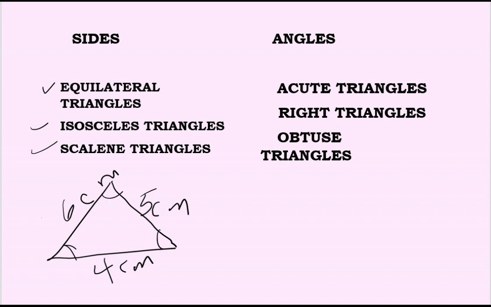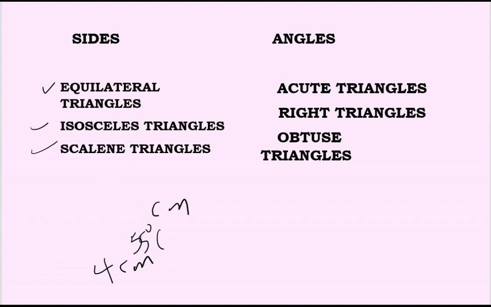If this angle is 50 degrees, and this is 55 degrees, the last angle will be 85 degrees. So that's scalene. None of its sides or angles are equal. That's the types of triangles based on the sides.